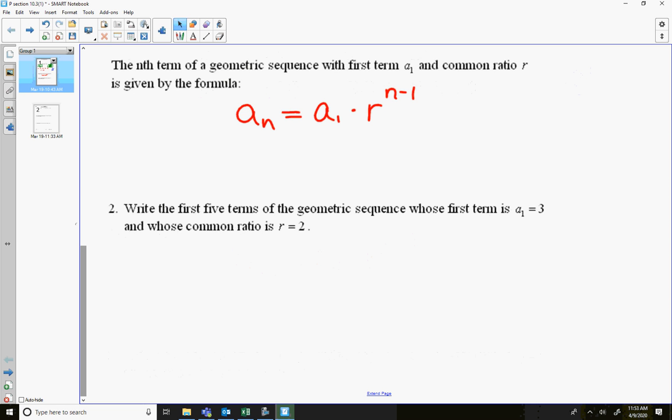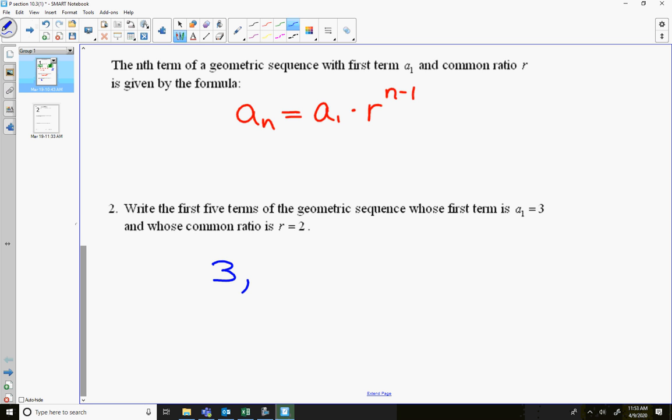All right, write the first 5 terms of the geometric sequence whose first term is 3 and whose common ratio is 2. If it's a question like that, they give you the term, they want the next however many terms, in this case 5, just count. In this case, the counting is acceptable and actually the whole point of the problem.